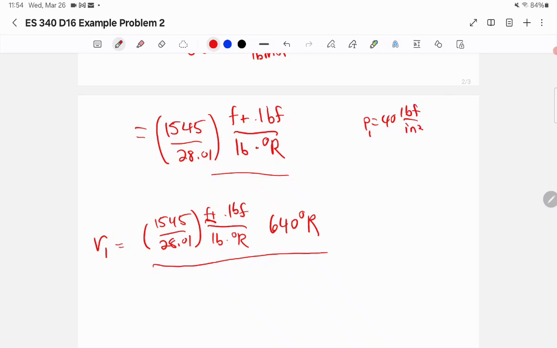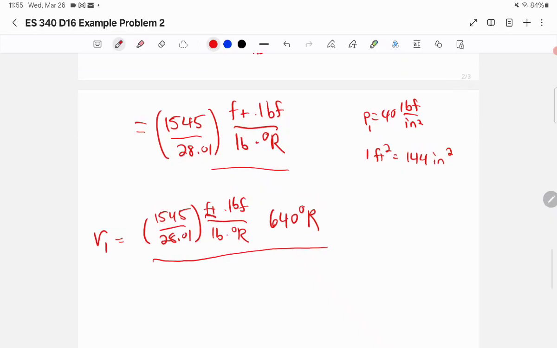But notice that 1 foot squared is the same as 144 inches squared. So that means that I will have to multiply or divide, in this case, by 144.